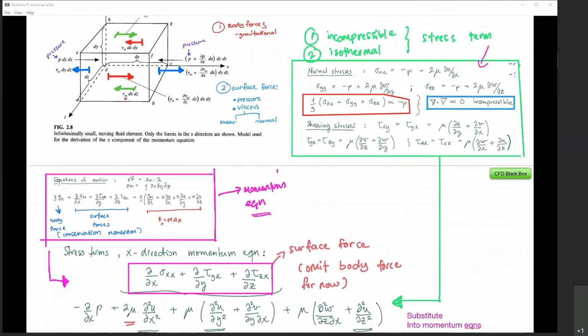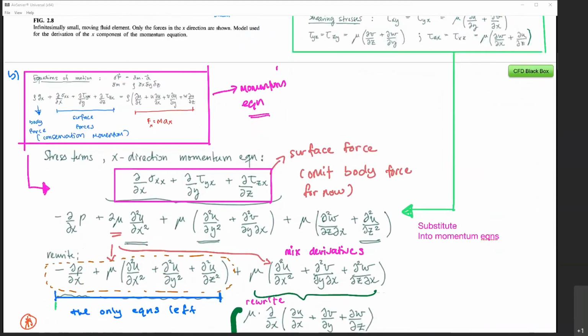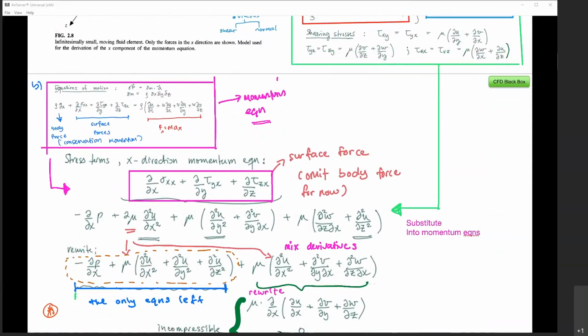We have two sets of equations, let's say this is A and this is B. If you substitute back into the momentum equations, the stress term in the x direction is d over dx sigma xx plus d over dy tau yx plus d over dz tau zx. This is for the surface forces, and we omit the body force for now.